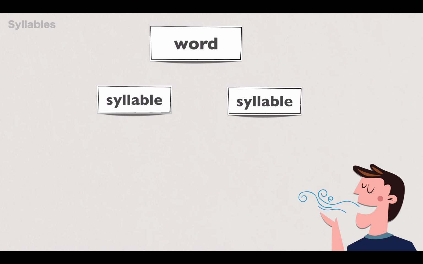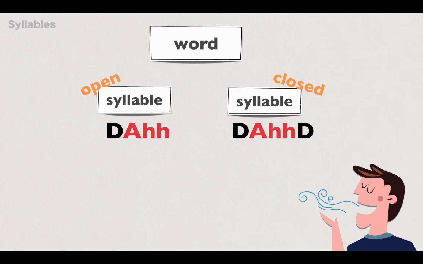There are two kinds of syllables, an open syllable and a closed syllable. It is very easy to know the difference between them. The sound of the open syllable I can continue forever if I want to. The air just flows and nothing stops it, while the closed syllable is blocked. It cannot continue forever. And every word is a compound of these syllables, closed and open.